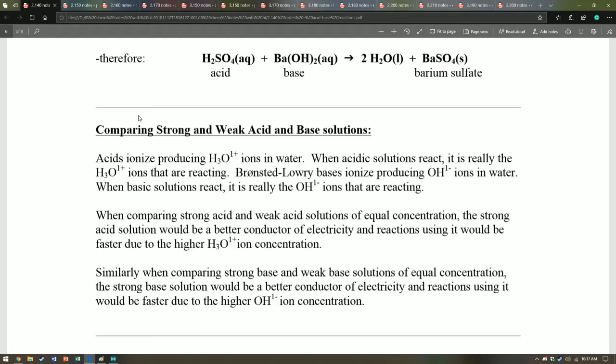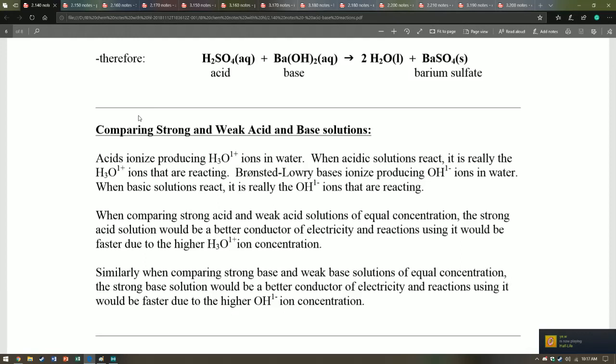And oftentimes too, the difference in pH between a strong and a weak acid, when we go into this it'll make sense, but a strong acid would generally have a pH of 1, whereas a weak acid would have a pH of 2, which I know that sounds like it's not a big difference, but since pH is logarithmic, that is a big difference, and we'll get into that in the next video.